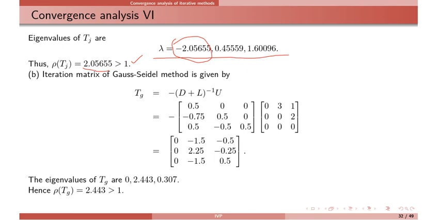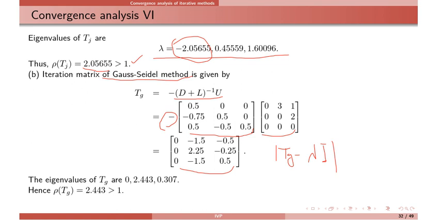In the same fashion, we write the iteration matrix of Gauss-Seidel, which has a different formula, -(D plus L) inverse U. So compute (D plus L) inverse multiplied by U, take the negative sign inside. This is the final matrix, and compute its eigenvalues by solving the characteristic polynomial Tg minus lambda I equal to 0.